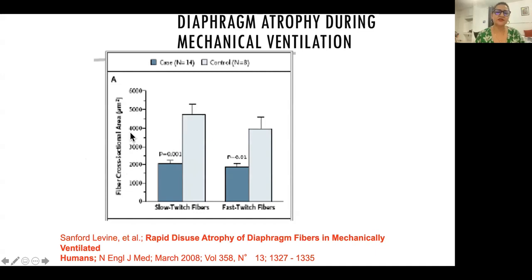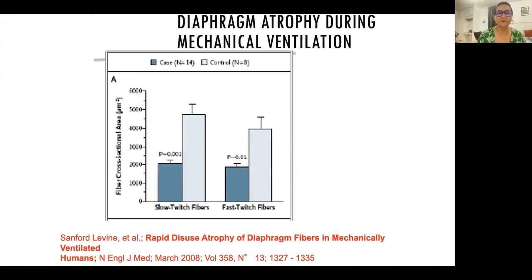On the y-axis is the fiber cross-sectional area, and there is a reduction in the slow twitch fibers in the babies who were ventilated versus the babies who were not ventilated. And also there was a reduction in the fast twitch fibers in the ventilated babies versus the babies who were not ventilated.